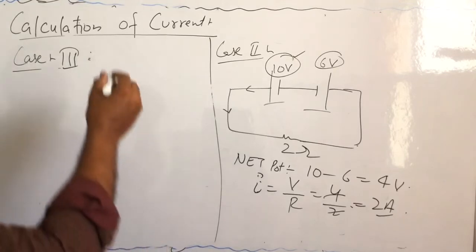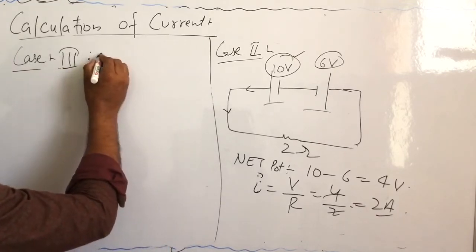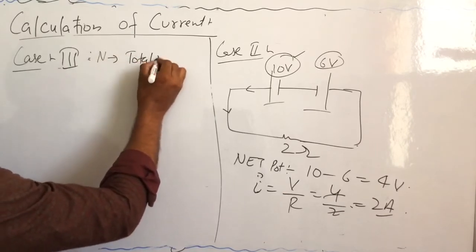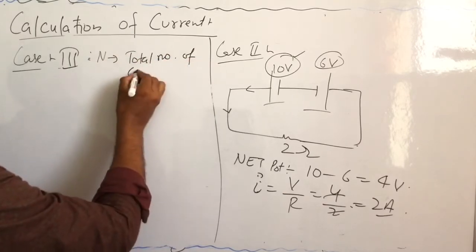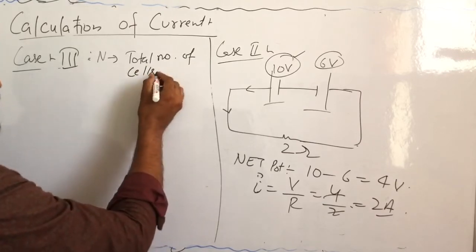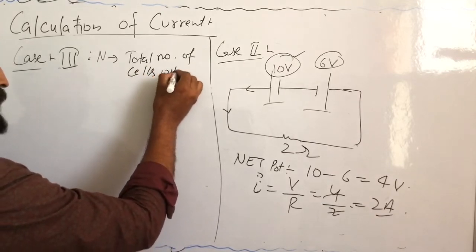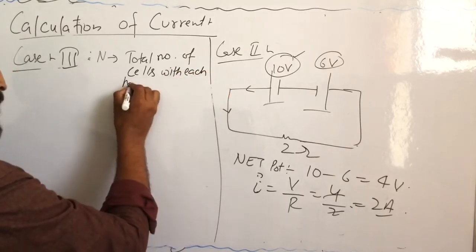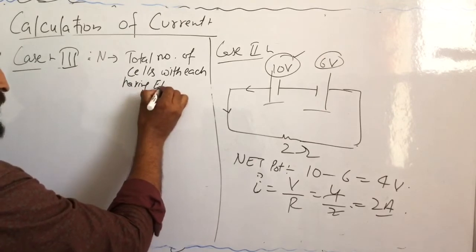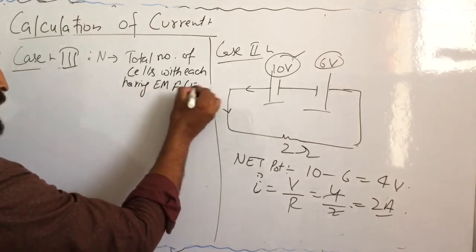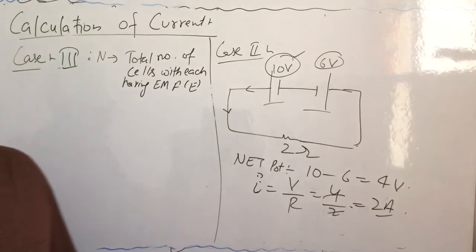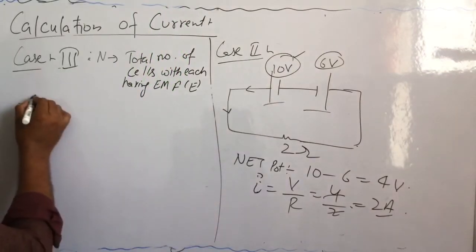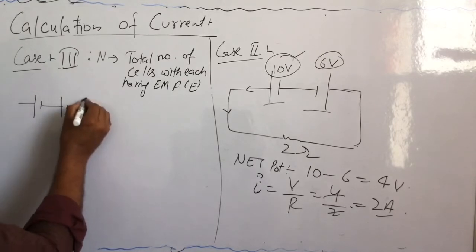So the third case is when we are given a total of n cells, n being the total number of cells, with each having EMF E. So there are n cells and the EMF of each cell is E. Firstly, they were connected in order like this.